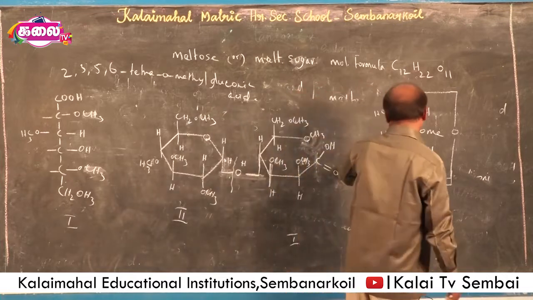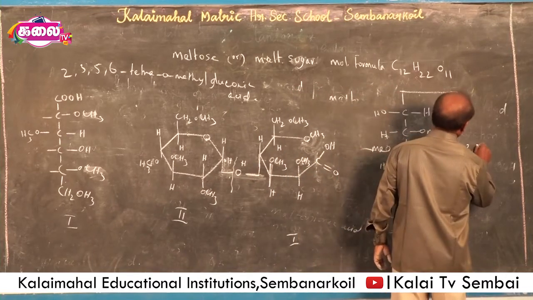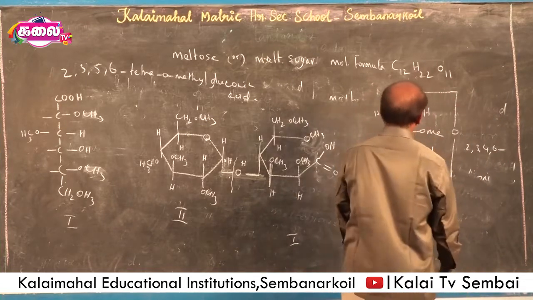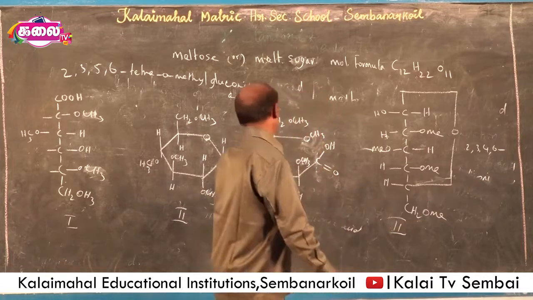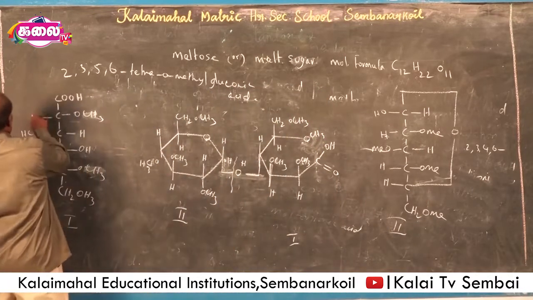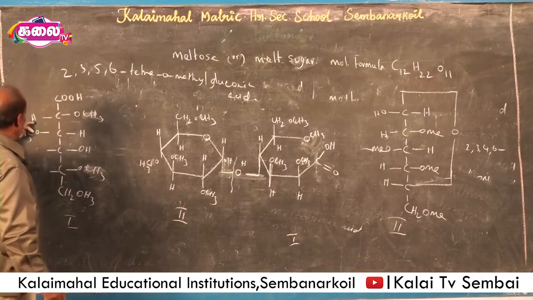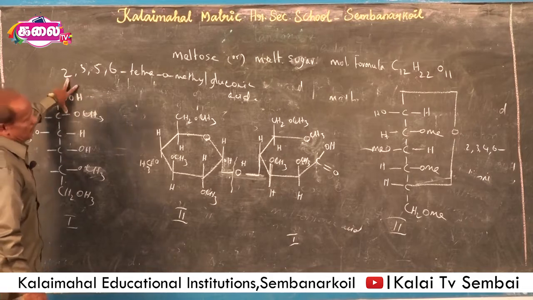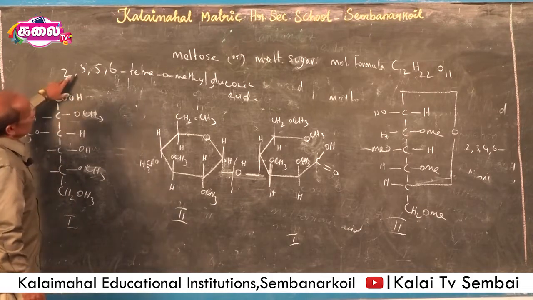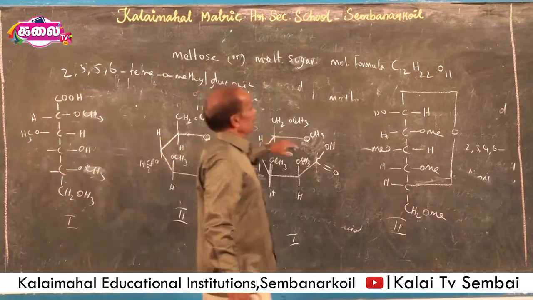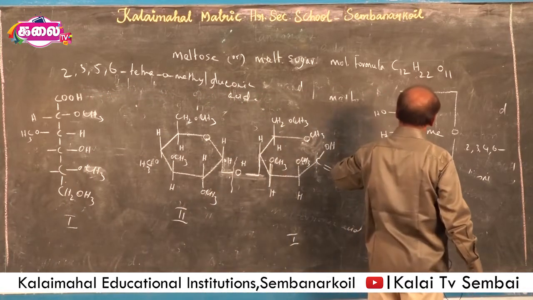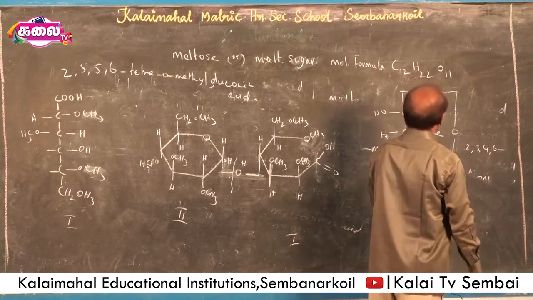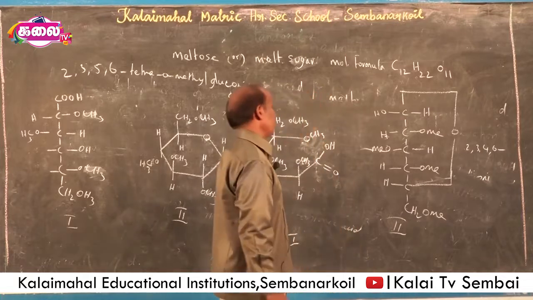Structure 2 is 2, 3, 4, 6-tetra-O-methyl glucopyranose.